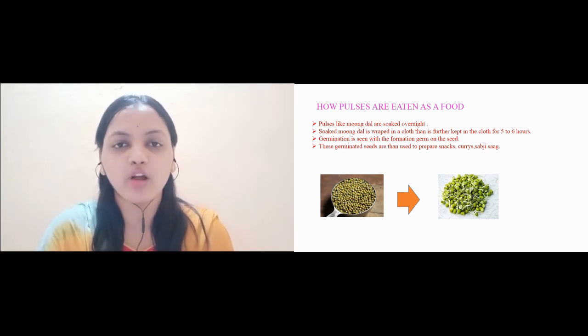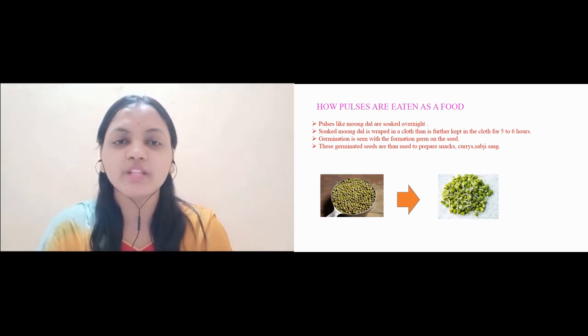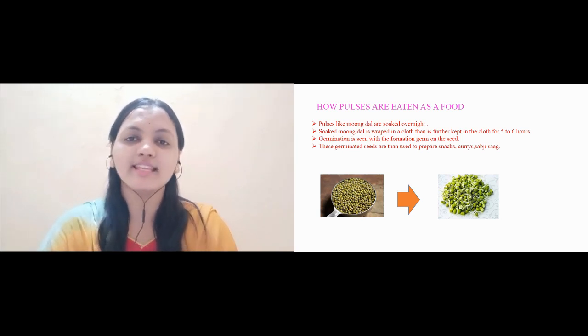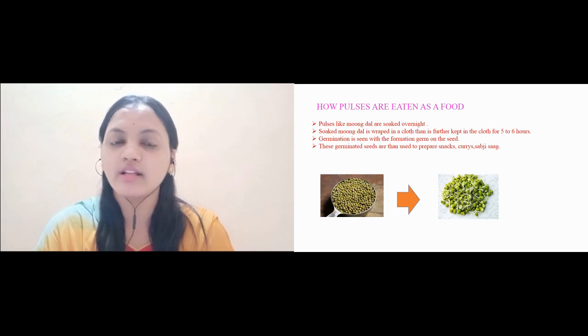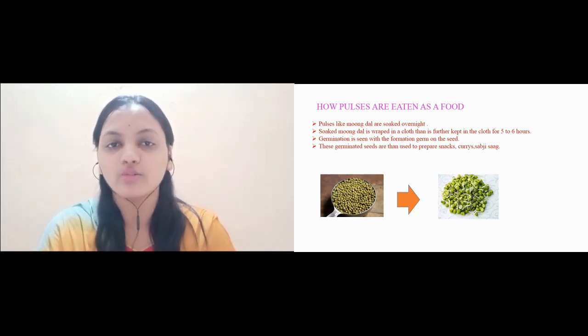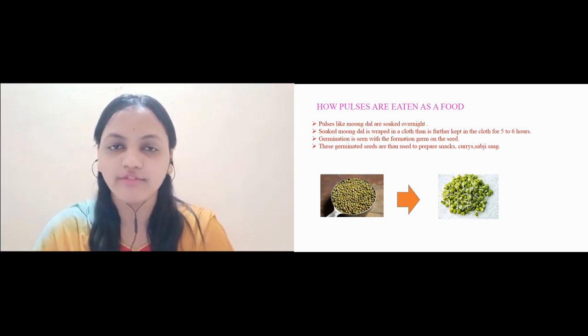The moong has now turned into sprouts. These sprouts are rich in proteins, and you can see in the picture that the dry moongs are converted into sprouted moongs, and these have great nutritional value.